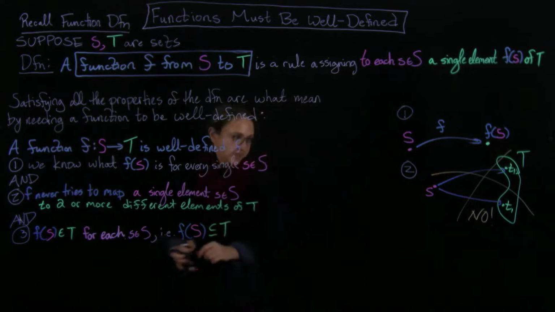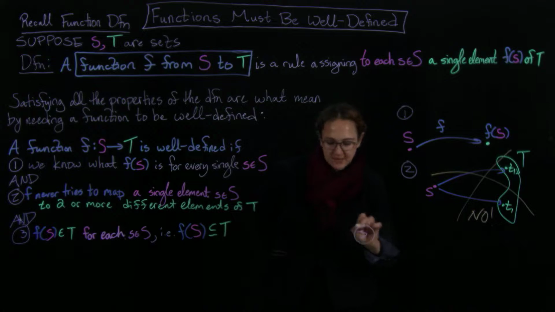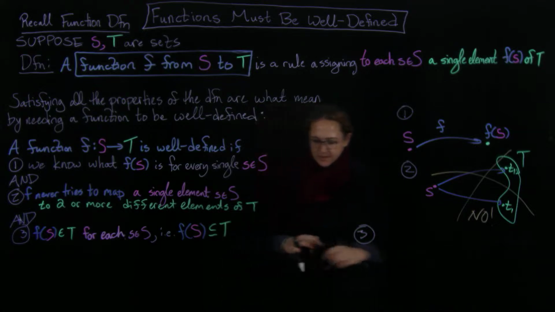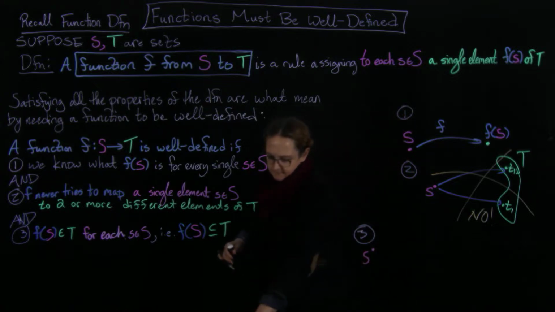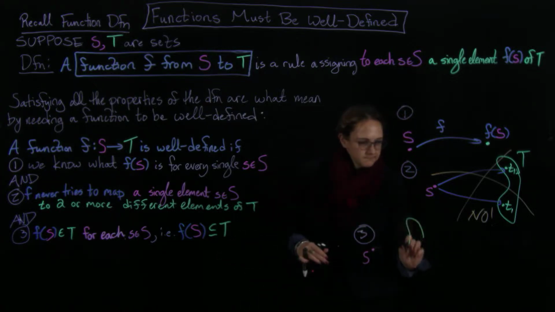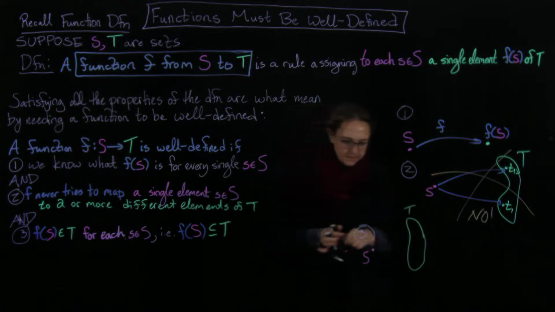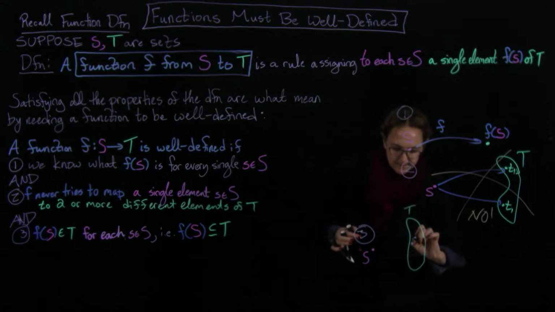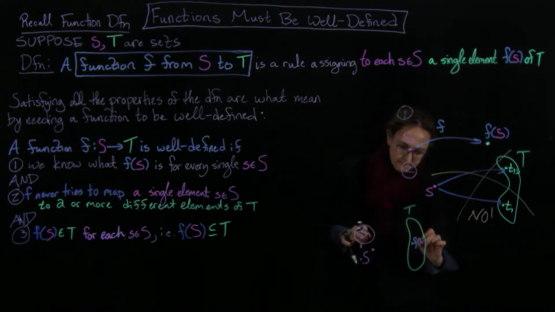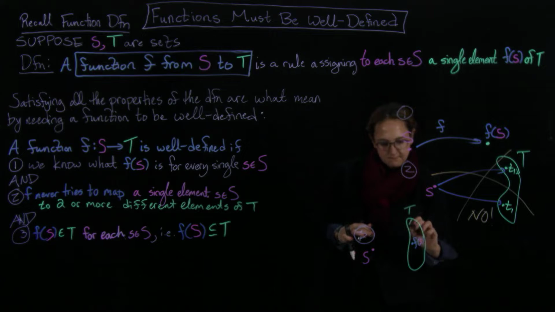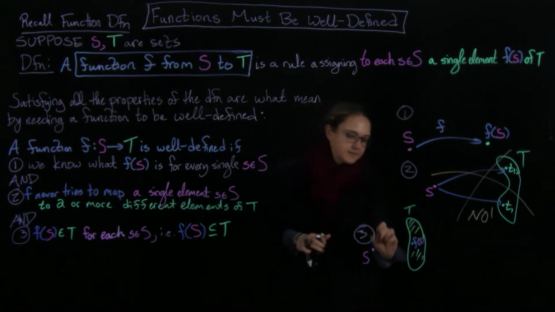So let's do our picture for 3. Our picture for 3 has two parts, so it has a yes part and it has a no part. So here's the yes part. I end up with an f of s in here. Okay, so this is yes.